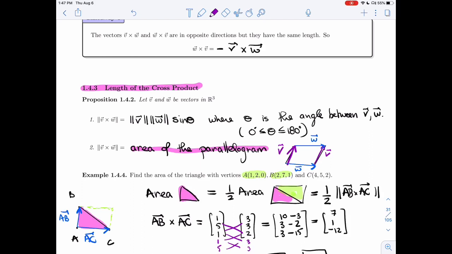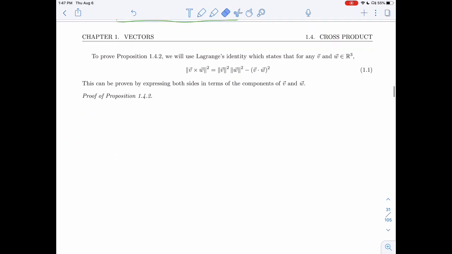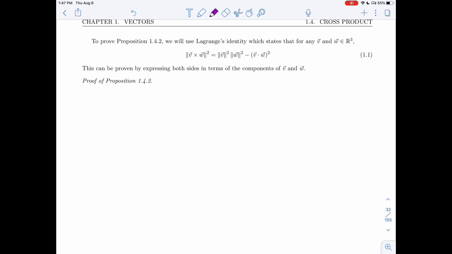So we will prove these two points using an identity that's called the Lagrange identity, which says that the length of v cross w squared is equal to the length of v squared, length of w squared minus v dot w squared. So you notice it involves both the cross product and the dot product here.